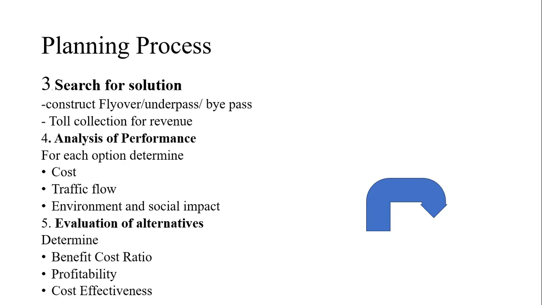And last but not least, the cost effectiveness in terms of the revenue, in terms of mobility, in terms of time saved, in terms of operating cost, all those are determined.